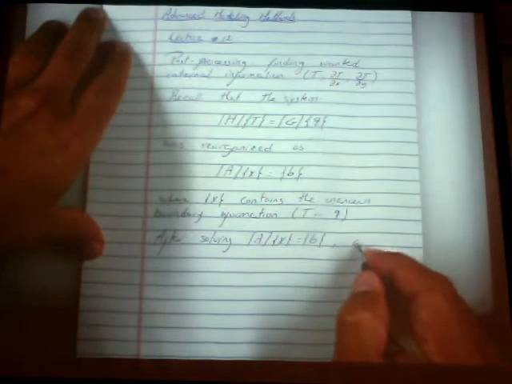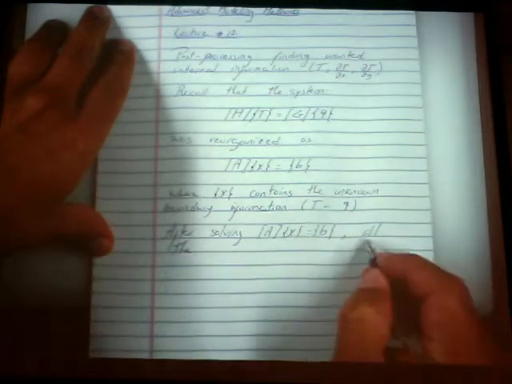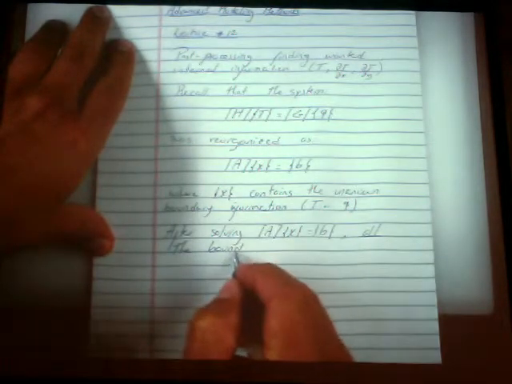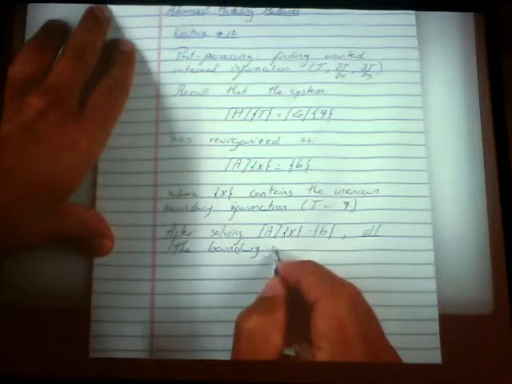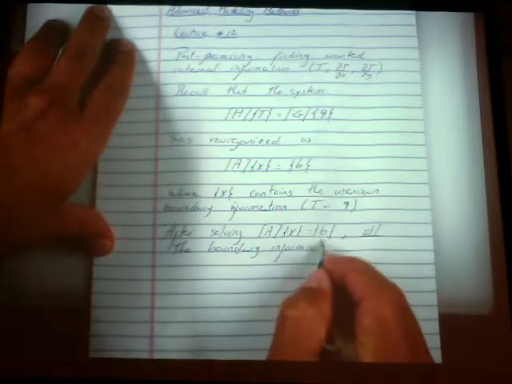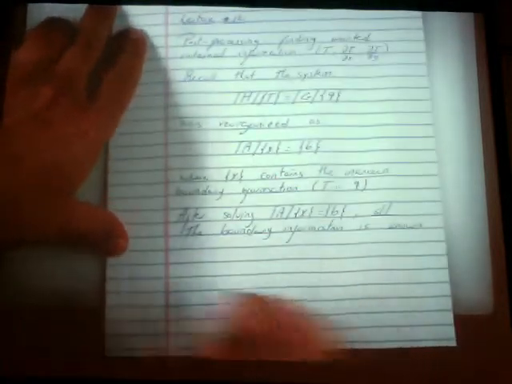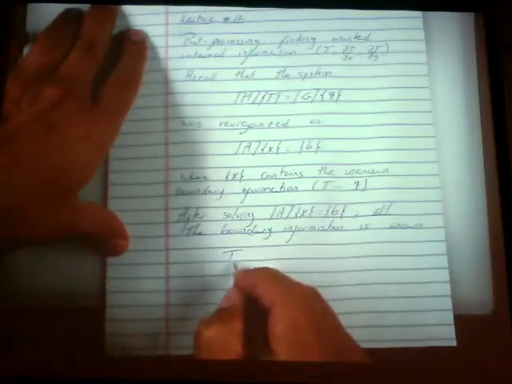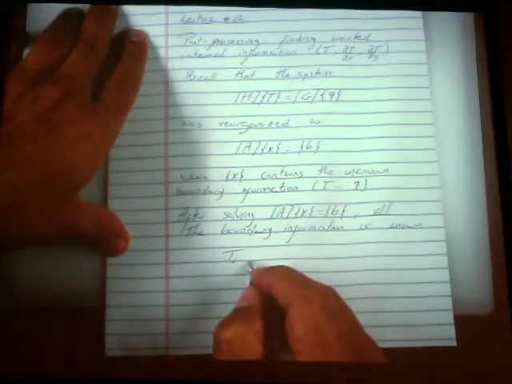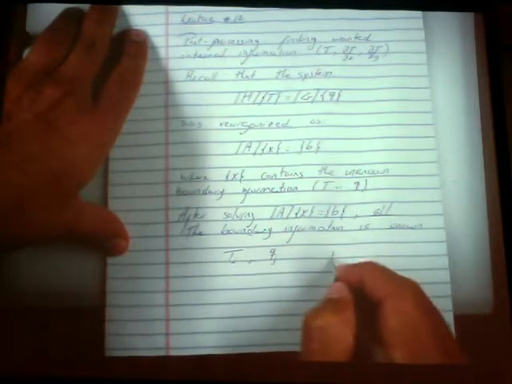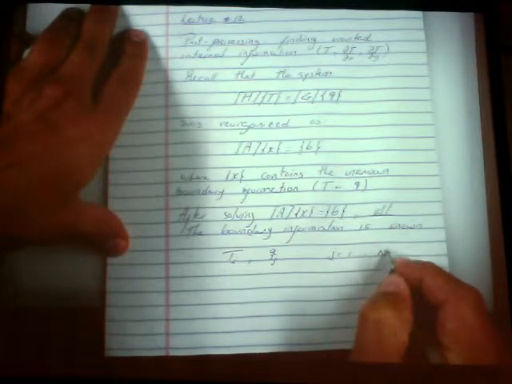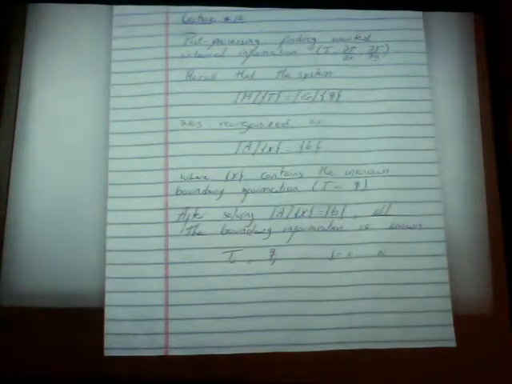After that, all the boundary information is known. That is Tj, Qj at j equals 1 through n. So now we know all the temperatures and all the fluxes on the boundary.